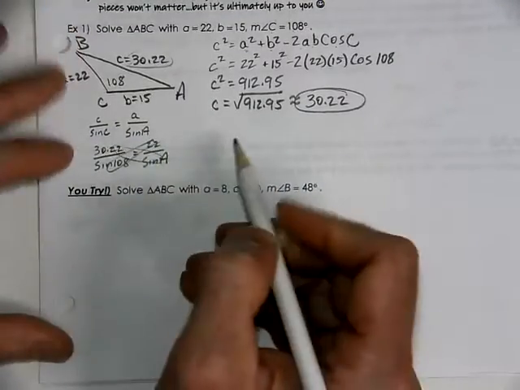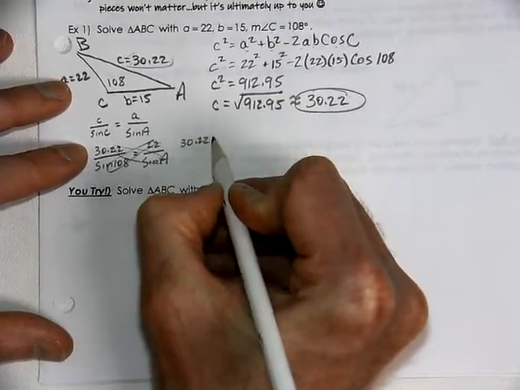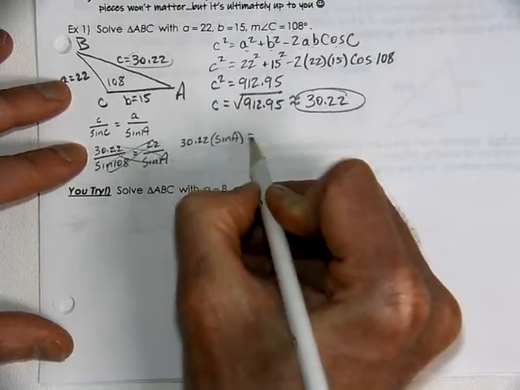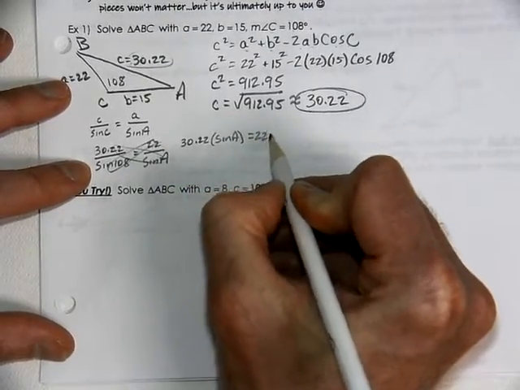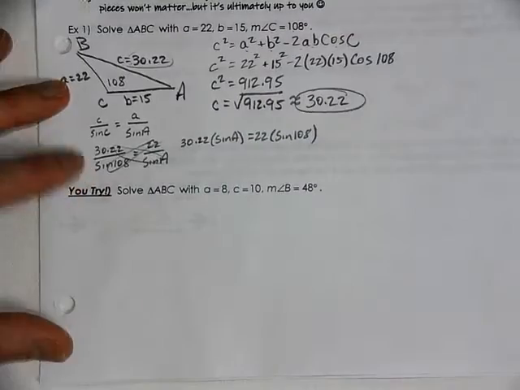So when I cross multiply, I'm going to get 30.22 times the sine of A to equal 22 times the sine of 108.